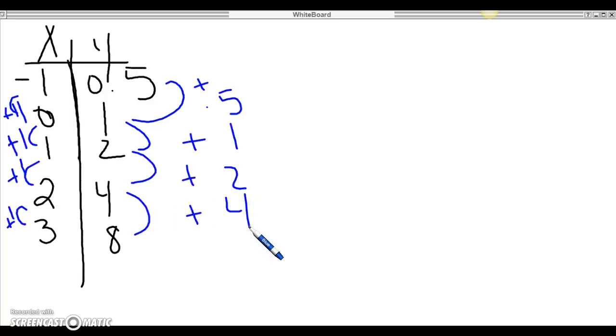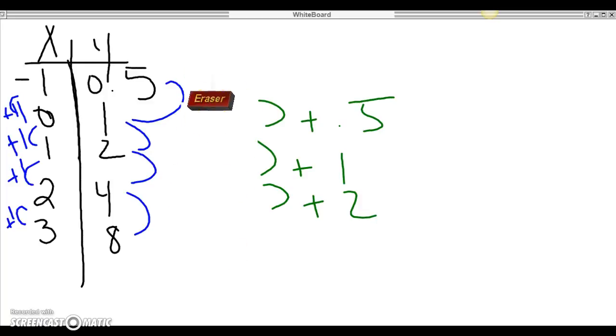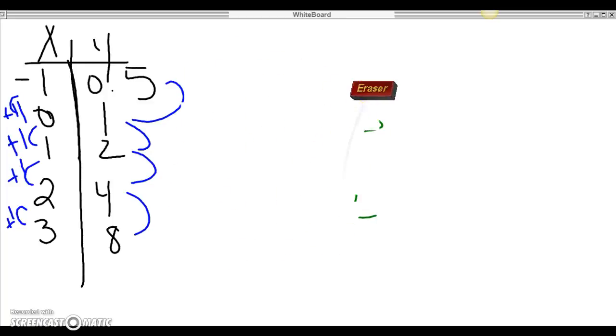Okay, let's look at the second differences. From 0.5 to 1, it's adding 0.5. From 1 to 2, I'm adding 1. And from 2 to 4, I added 2. So it's not quadratic, and it's not linear. So let's check to see if I'm multiplying by the same amount. I can do that by dividing.